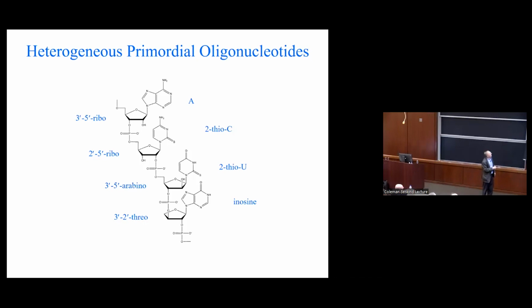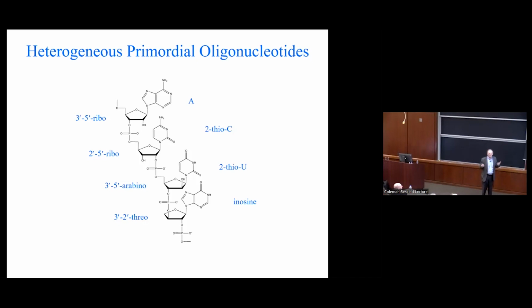If you look at the nucleobases, right? In modern biology, we have A, G, C, and U. Of course, there are hundreds of modifications that are found in mRNAs, tRNAs. But there are all kinds of variant nucleotides that would have been or might have been around.